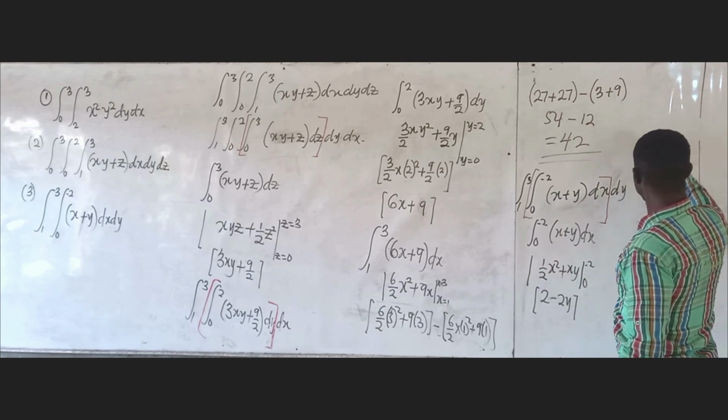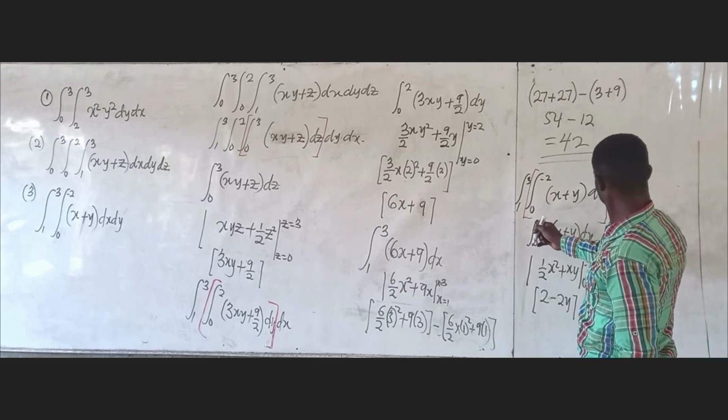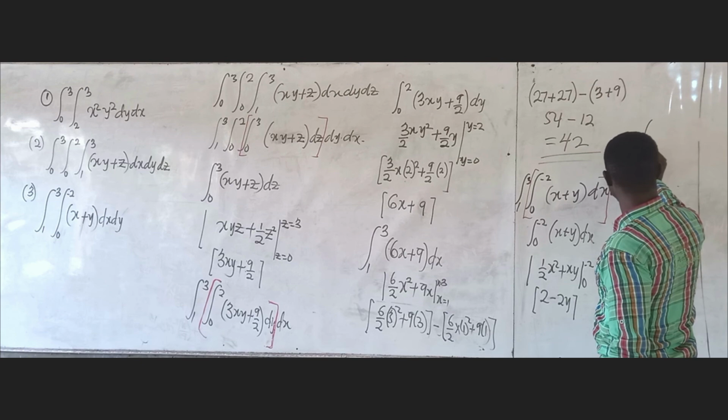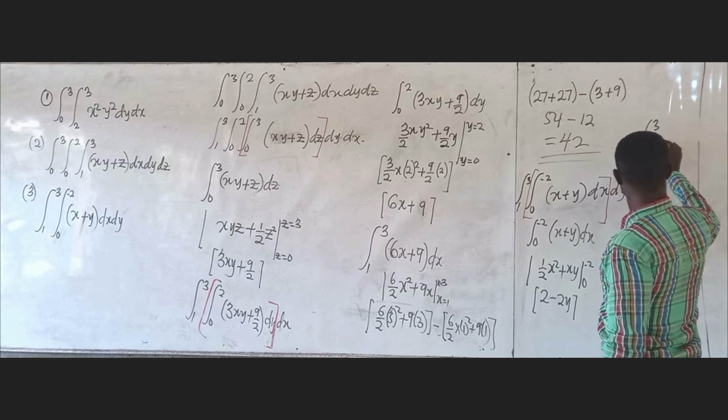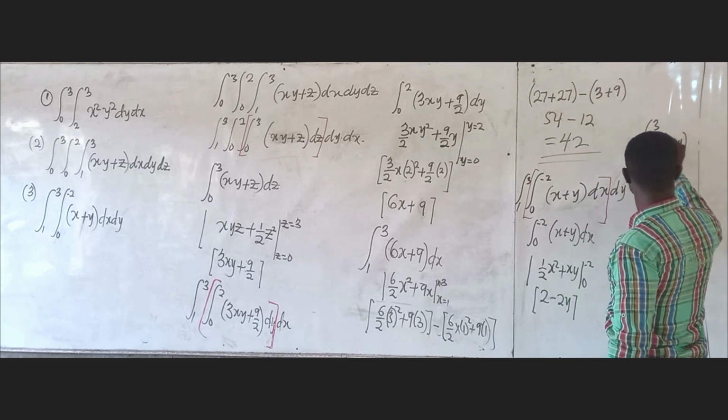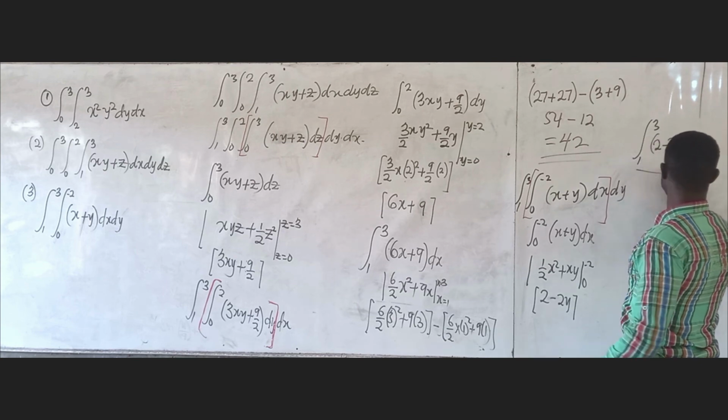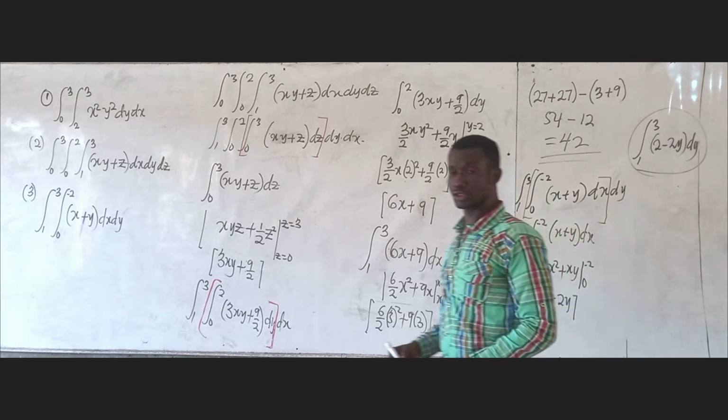So finally you have integral 1 to 3 of 2 minus 2y dy. This is simply SS integration.